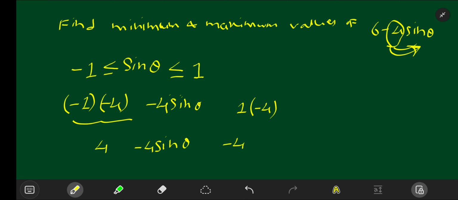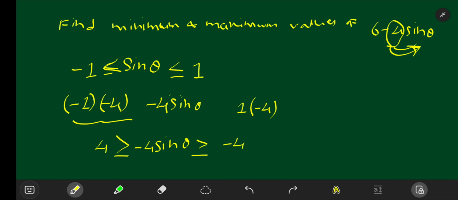Now, is minus 4 big or plus 4 big? Obviously plus 4 is big. So the inequation is written like this. Yes or no? Here you observe, when we start the inequation it is less than, but here it becomes greater than.